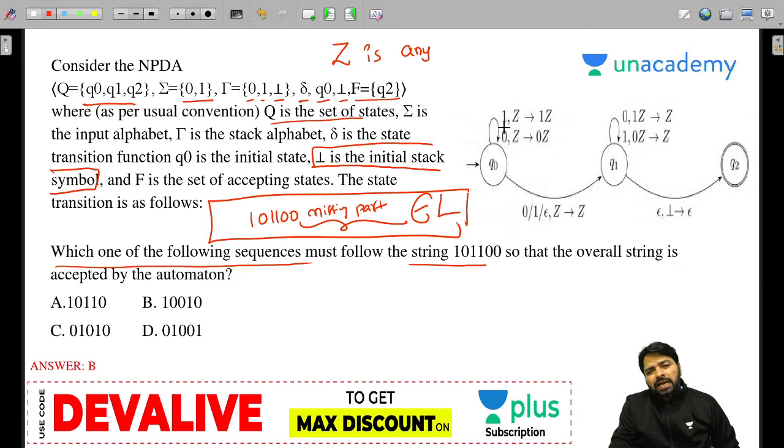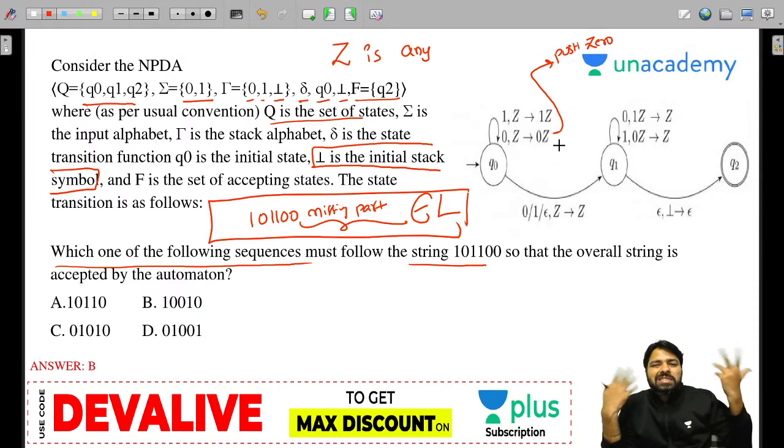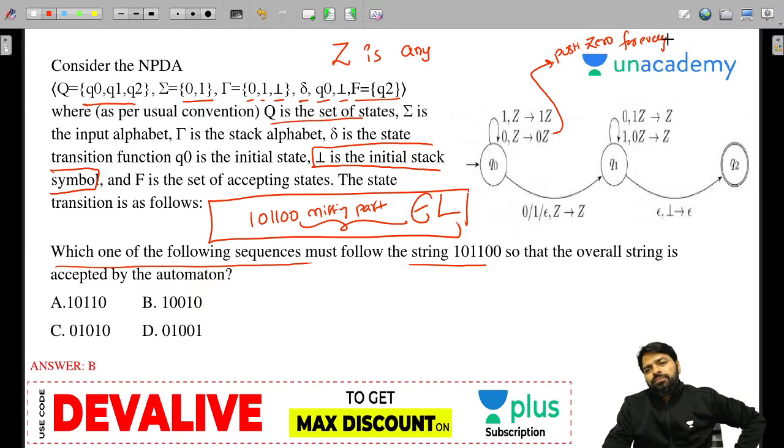What is the first transition? It is going to push 0, that's all, without looking at the stack. Z means any. Push 0 blindly, push 0 for every 0. The second one pushes 1 for every 1. Clear? And what is this?